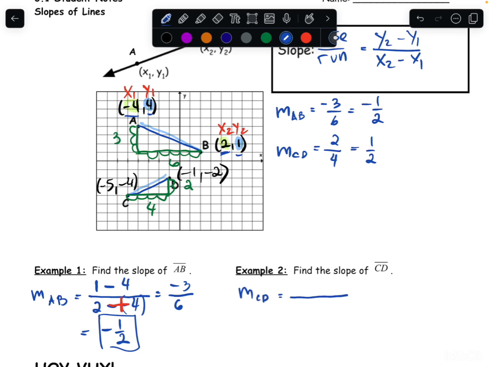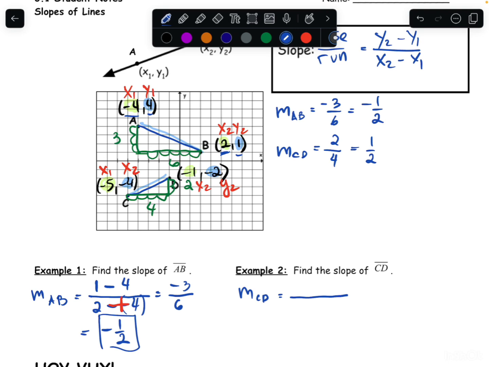I'm going to look at my y's. Let's highlight the y's. This is my y right here, and this is my y. And then this is going to be my x, and this is my x right here. So this is y2, this is y1, this is x1, this is x2.